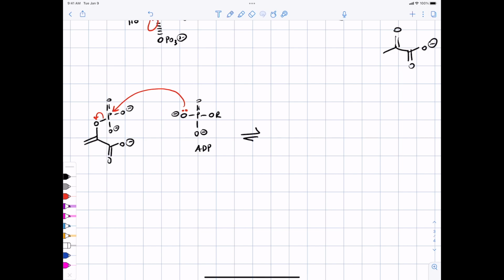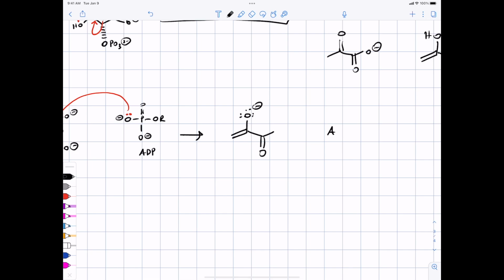The reason it can leave is because it's a resonance stabilized anion. I'm not going to draw the structure of ATP.